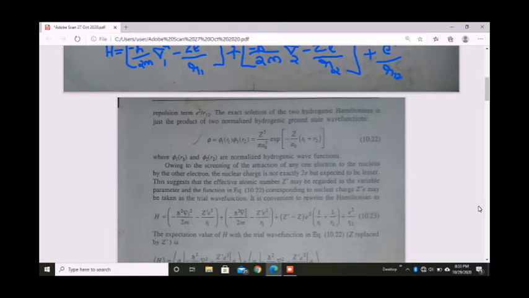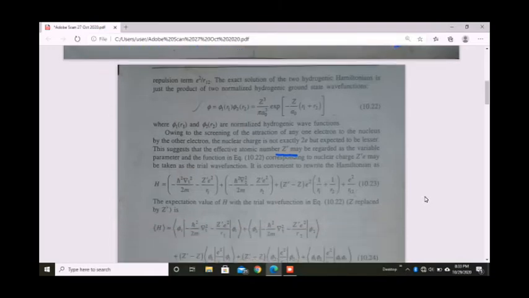Because an electron is attracted by the nucleus, but there is a second electron present in the helium atom, due to that electron there is some difference in the attraction between the electron and the nucleus. Due to the screening of the attraction of any one electron to the nucleus by the other electron, the nucleus charge is not exactly 2e but is expected to be lesser.